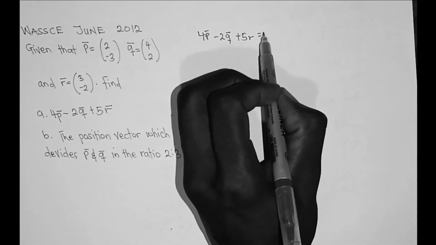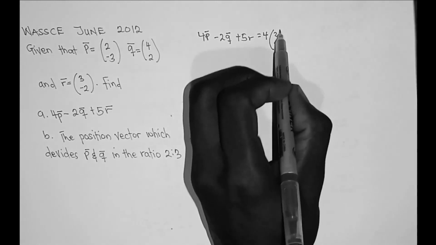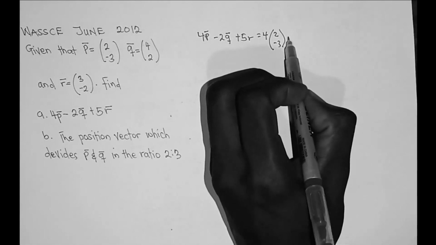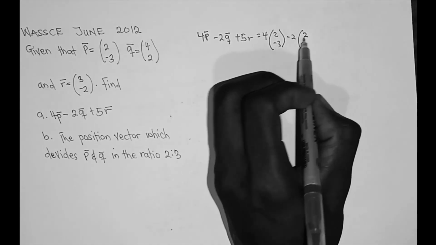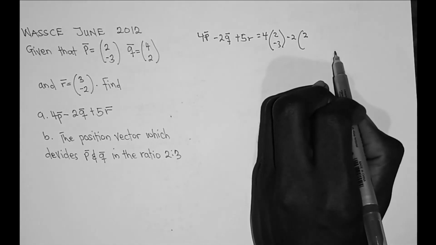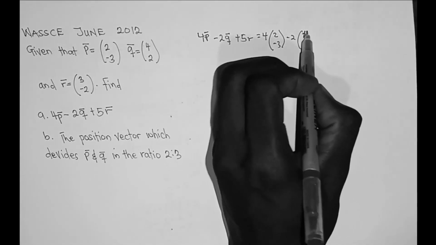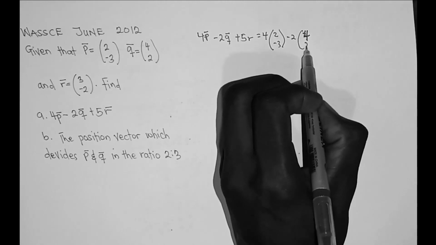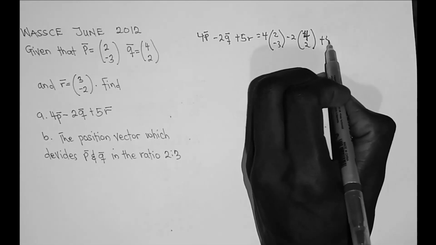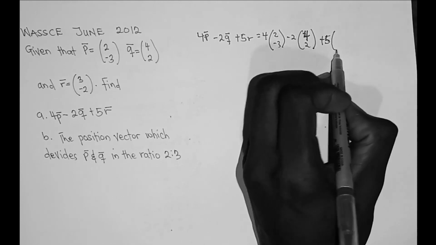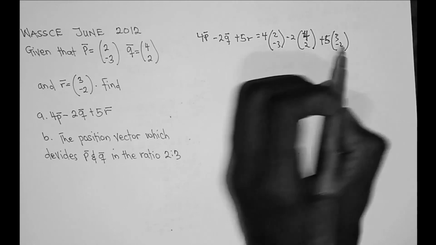This is equal to 4 times vector p, which is (2, minus 3), and then minus 2q, q is (4, 2), and then plus 5 times r. r is (3, minus 2).